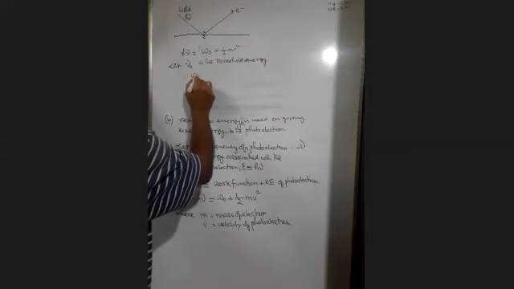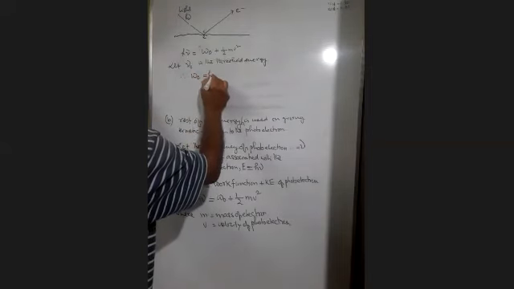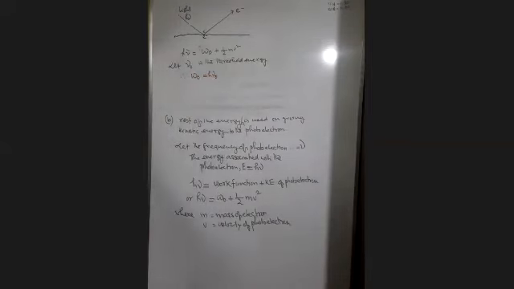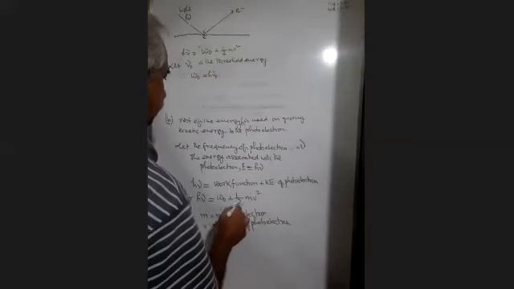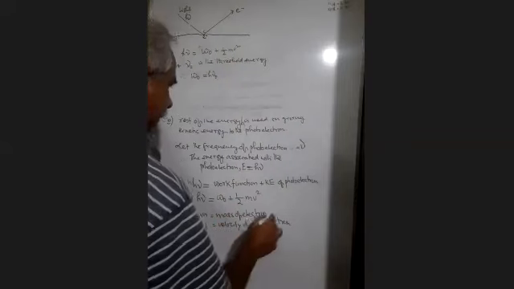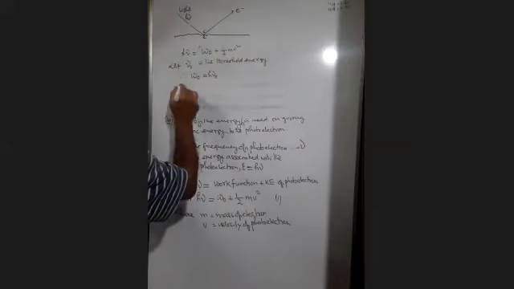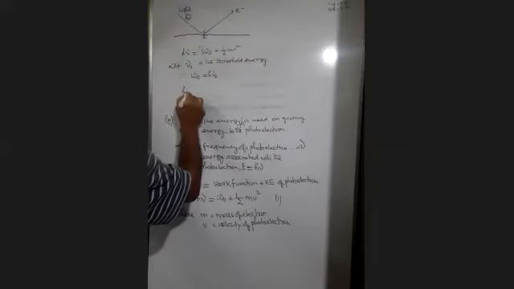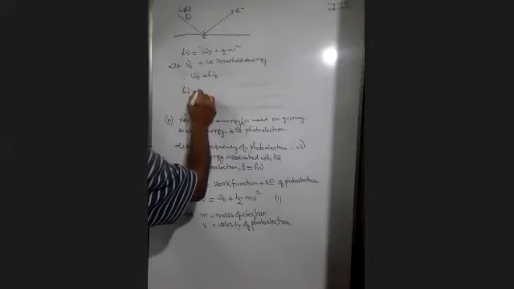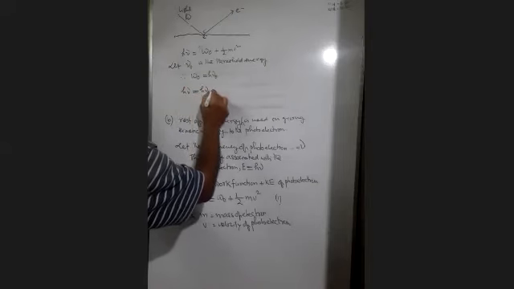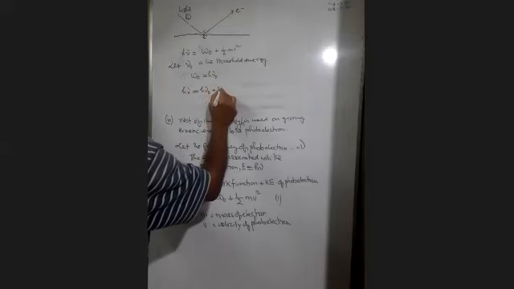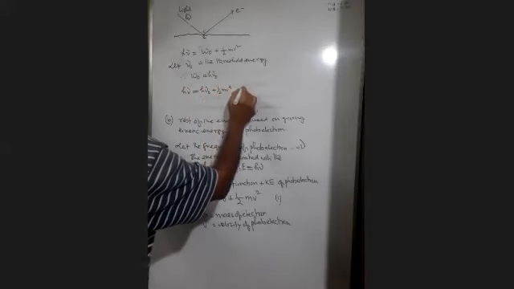Therefore, W0 is equal to h nu 0. So in that case, if I write it in this way, h nu is equal to h nu 0 plus half mv square.